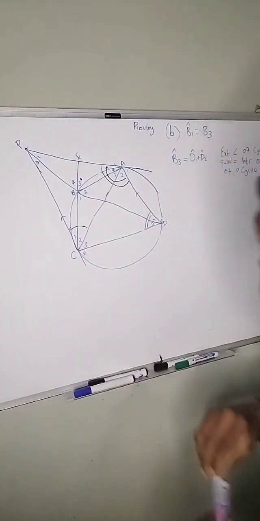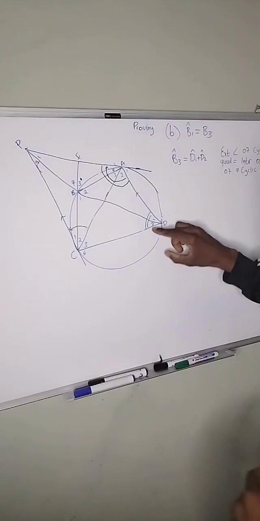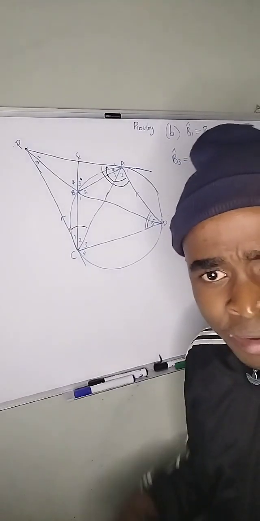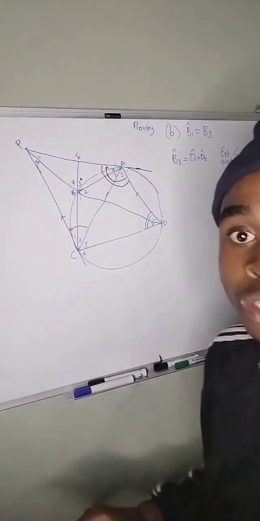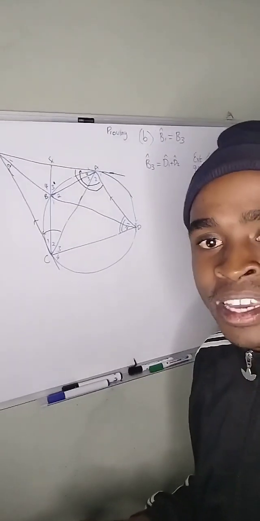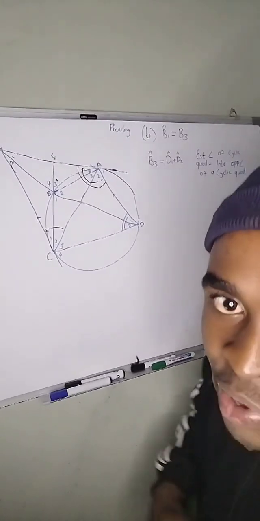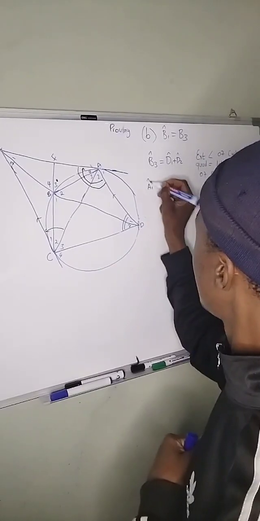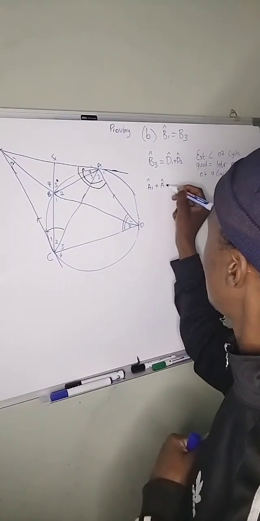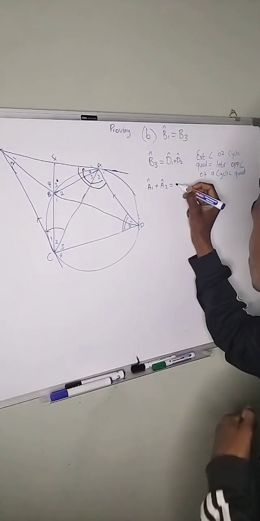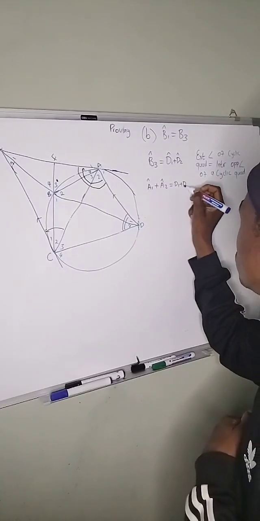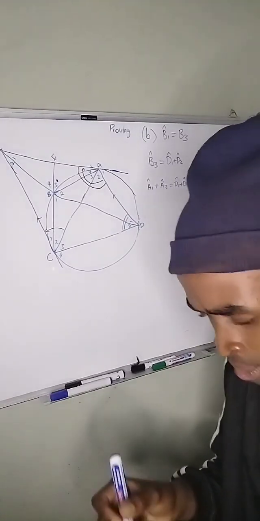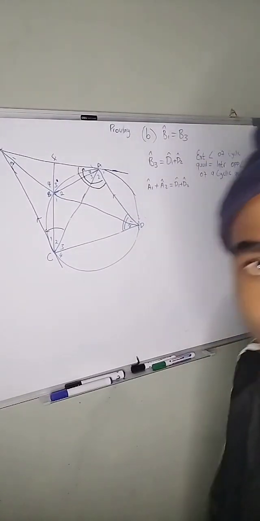So now, D1 plus D2 is going to be equals to what? Okay, I can see other people are not giving me the answer, so I'm going to help this time. So you can see angle A1 plus angle A2 is going to be equals to D1 plus D2. Ne? What is the reason? Tell me the reason. What is the reason here?